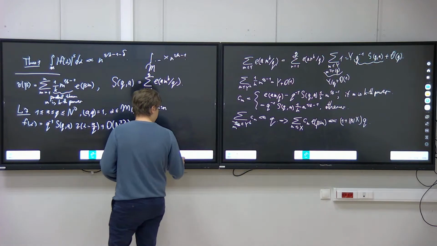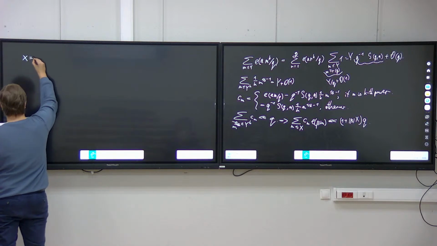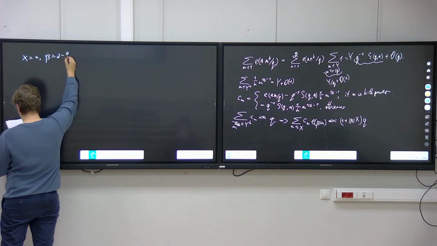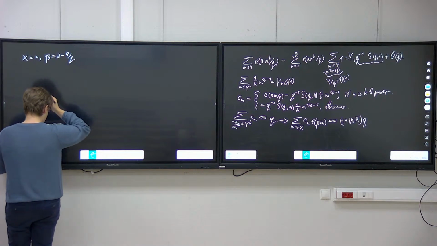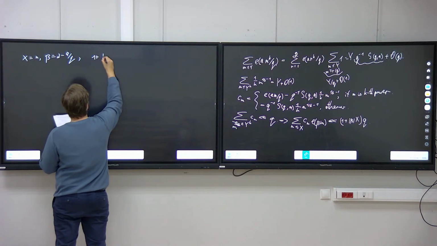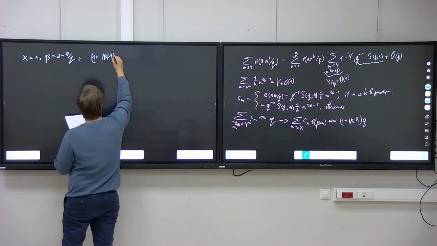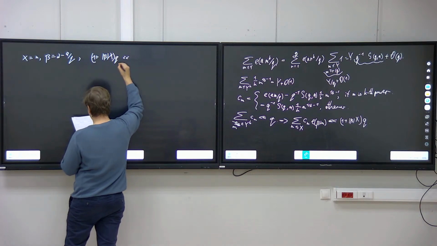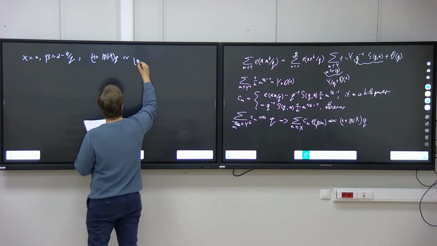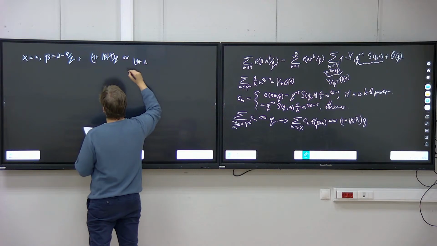And from this, let's take x to be n and beta to be alpha minus a over q. And then 1 plus beta x multiplied by q is less than what? 1 plus, and what will be here? x is n, yes?